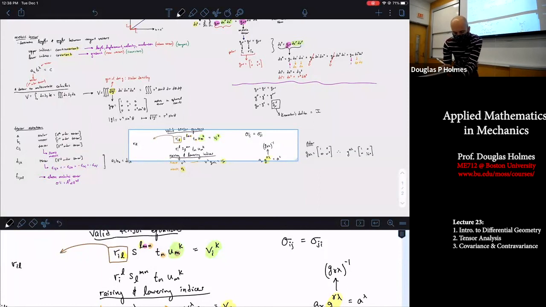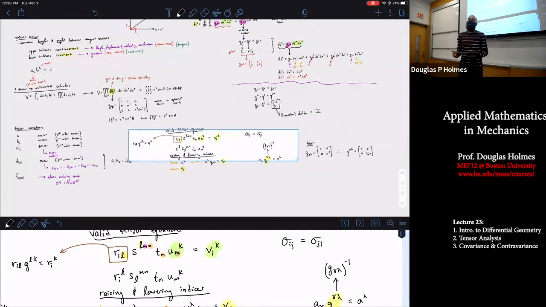I would multiply that by G, my metric tensor, and I would like to raise the index L. In order to do that, I have to change it to something, so I'll change it to K. The result is that these L's are going to contract, so I'm not going to see L on the right-hand side. I'm going to get a new thing, but we'll call it R, with I as a covariant component and K as a contravariant component.